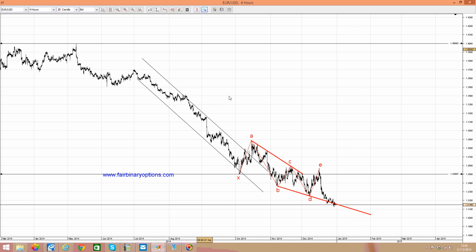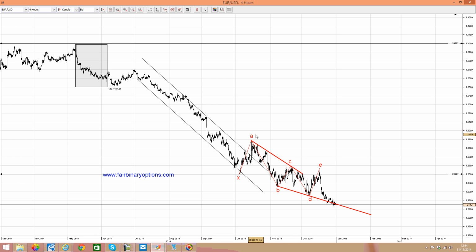Now, you might say, all right, what is this triangle ending? Well, it's a complex correction. I would say that this is a first wave that we have here. Then the whole second wave is all this structure here.